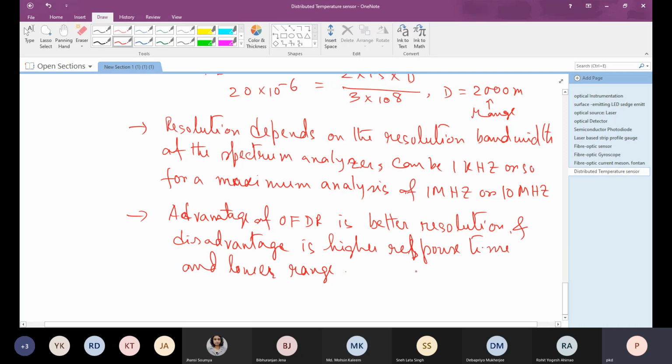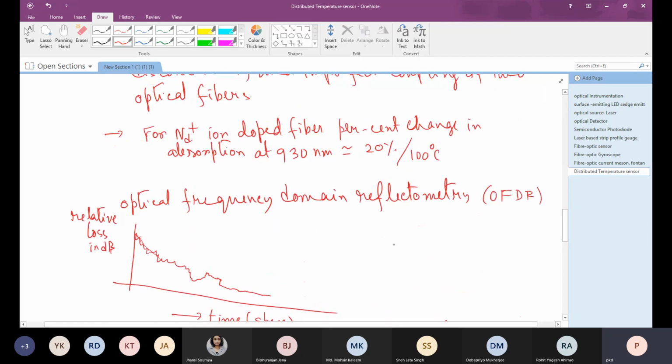Unlike OTDR, here we are finding the frequency, not the amplitude or the energy of that reflected signal. In OTDR the energy of the reflected signal is important, because finally we have to put some threshold to know at what location it has appeared.